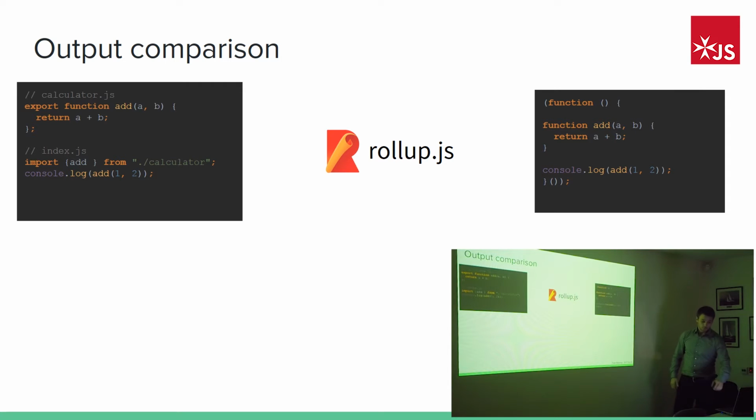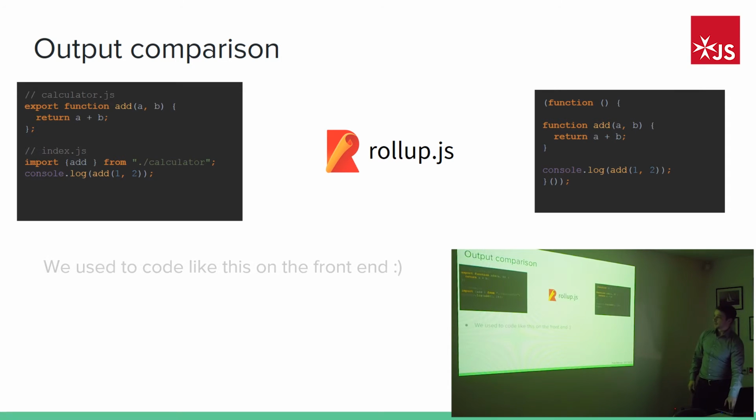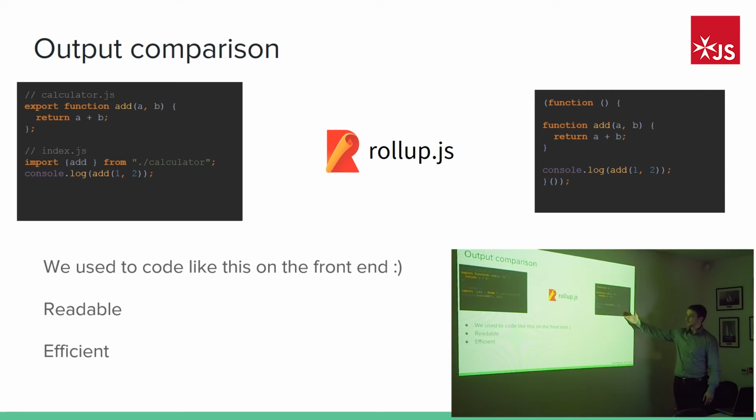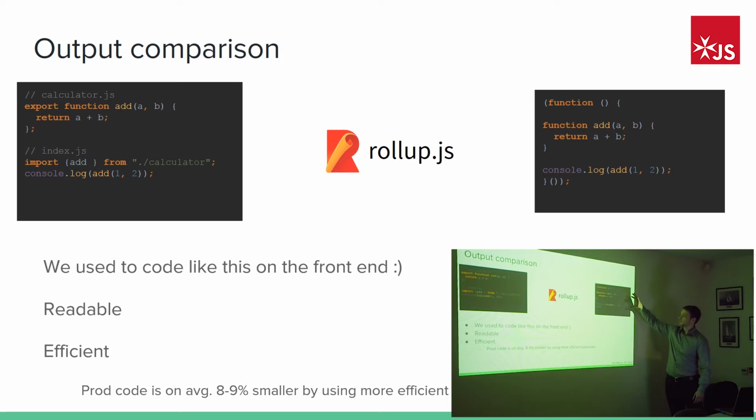So what we can say for rollup is that we are used to looking at code like this on the front end, which means it's a very readable output. And just by the size you can say that it's quite efficient, because it doesn't have so much boilerplate in the generated code, and actually we checked. Actually, Michael checked.